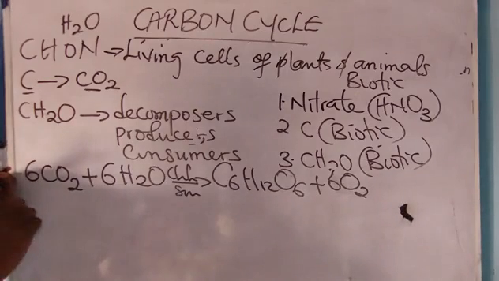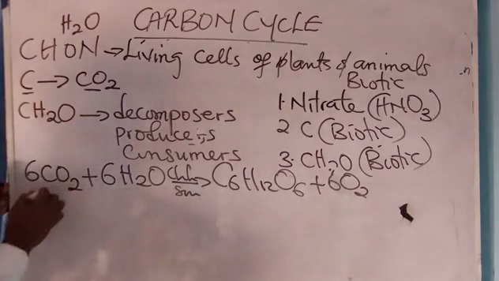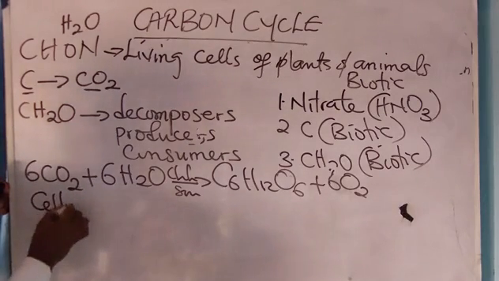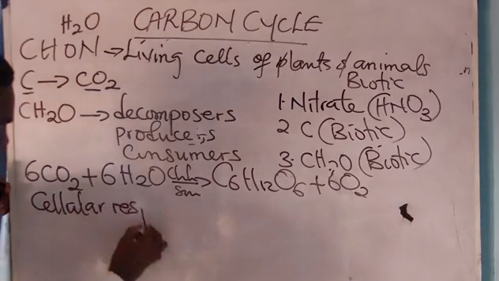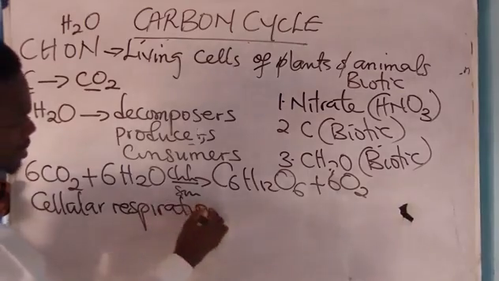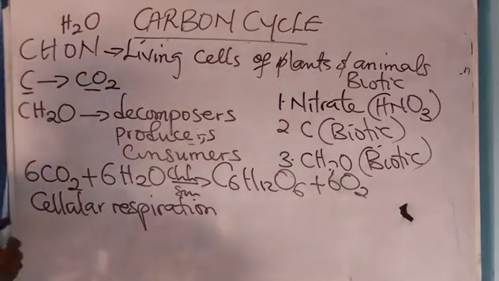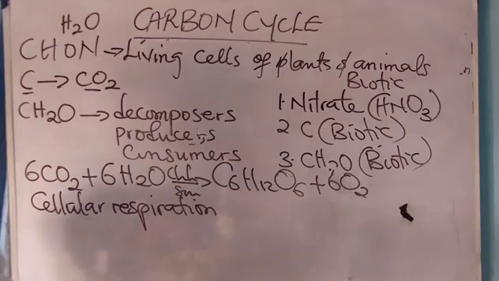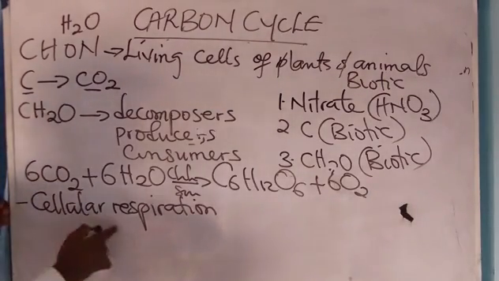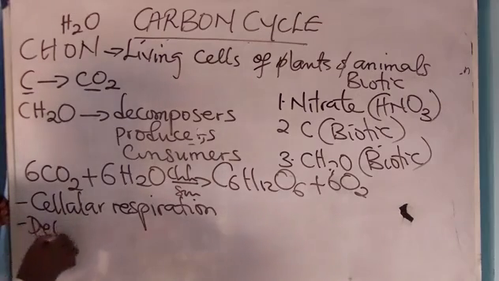Okay, fine. Before I go into that, cellular respiration. What are some processes that result in the release of carbon dioxide into the atmosphere? One, you have cellular respiration. Two, you have decomposition.